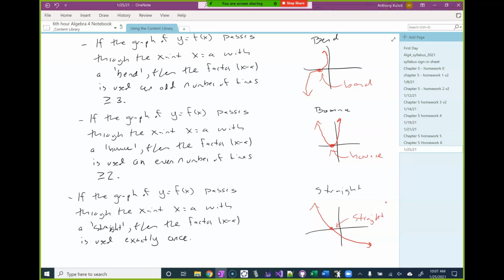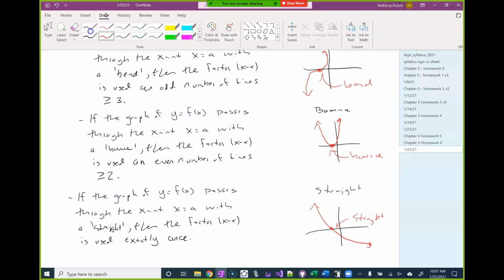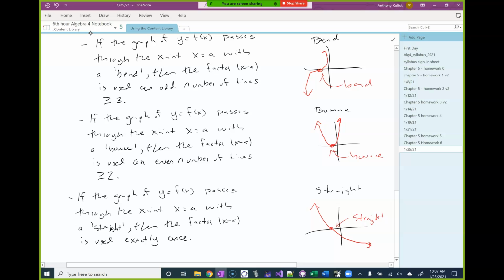So the next theorem we're going to have is called the Irrational Conjugates theorem.